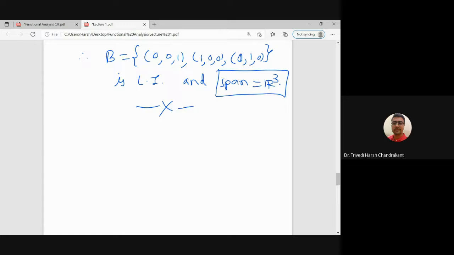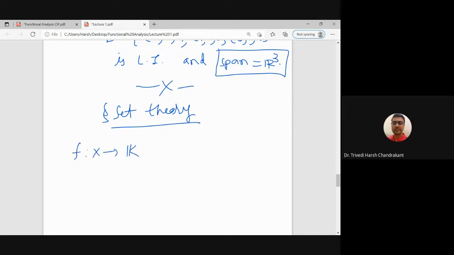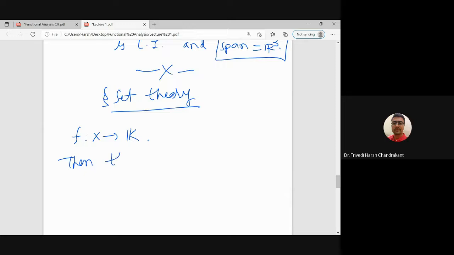Now let us go to some elementary set theory. We will also require some set theory here. If we have a function f from X to the set of real numbers or complex numbers, then we will define the conjugate function.